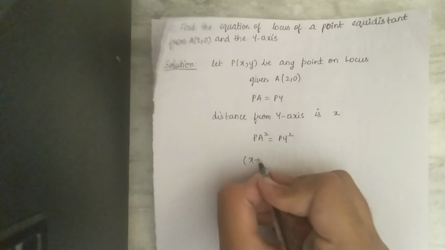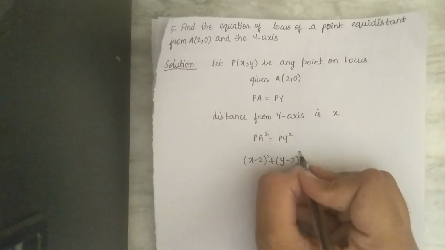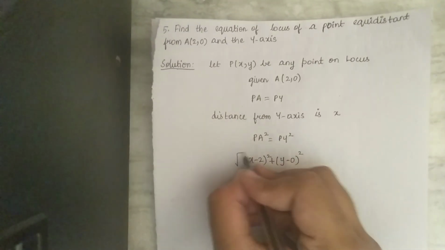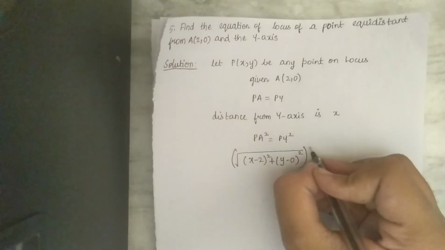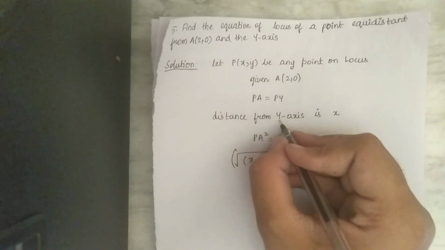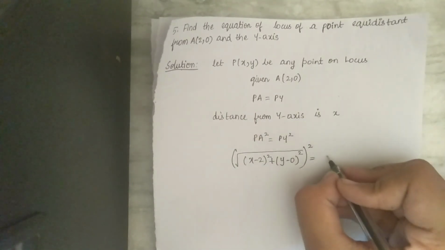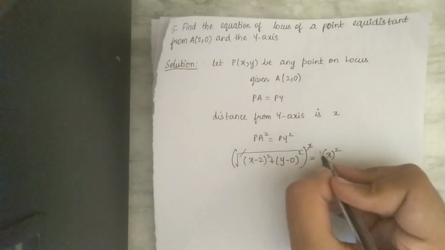So what is distance between P and A? (x minus 2) whole square plus (y minus 0) whole square. This is distance formula. We have square. So PY, what is PY? Distance from y-axis is nothing but x. So x whole square. Square and root will get cancelled.